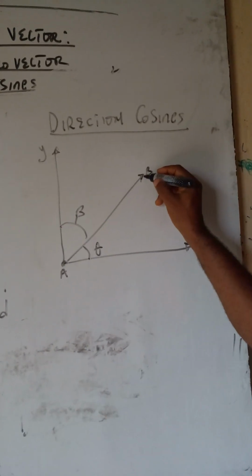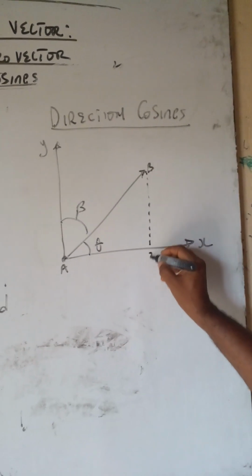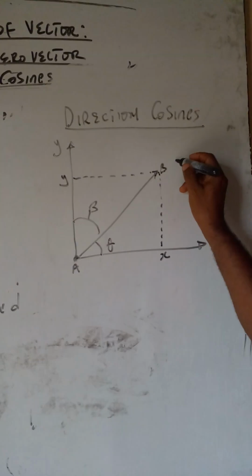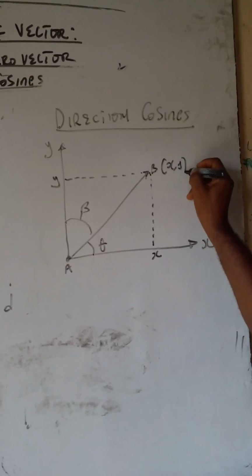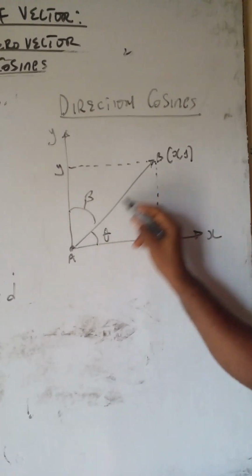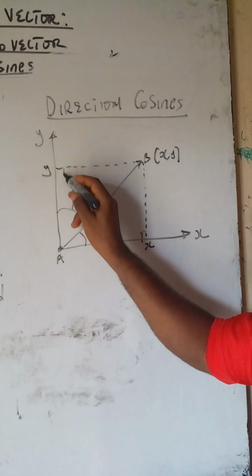Now let's say the location of point B along the x-axis is x and along the y-axis is y. So we have point x, y. I'm going to take the cosine of this theta with respect to this right angle triangle, and beta with respect to this other right angle triangle.